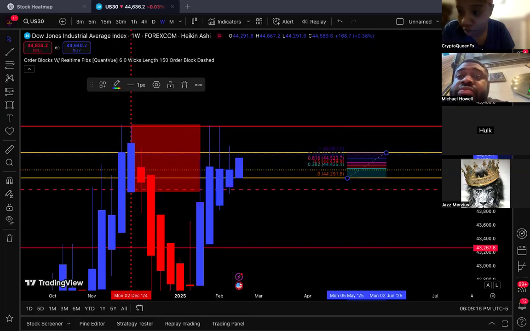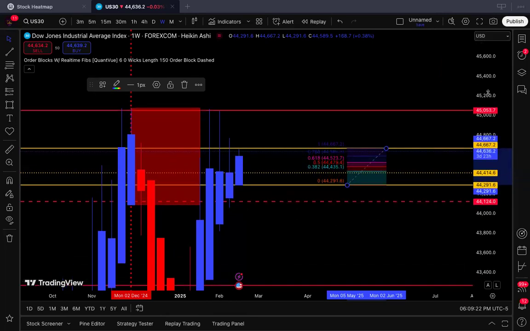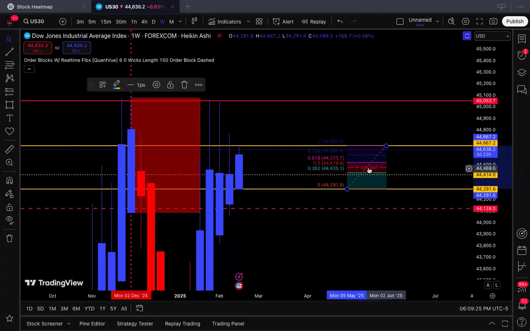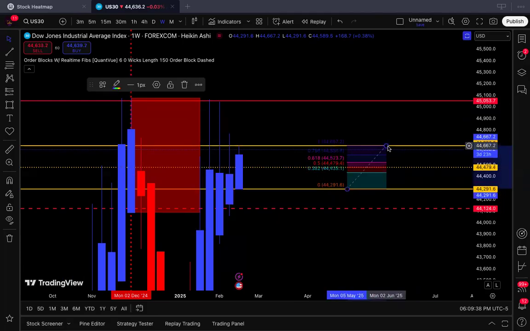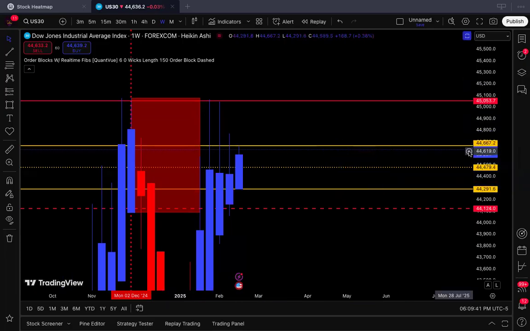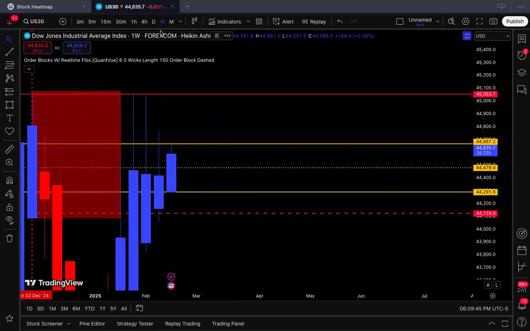And the 0.5 area is 44,479.4. That's the 0.5. That's the mid of the week. Now we got the new day candle to open up.